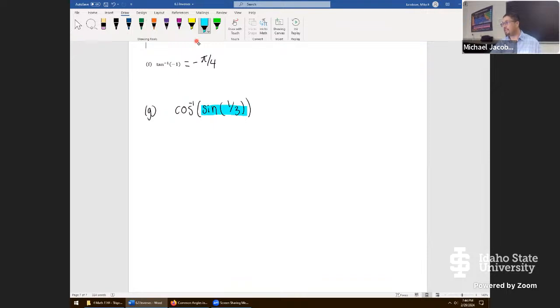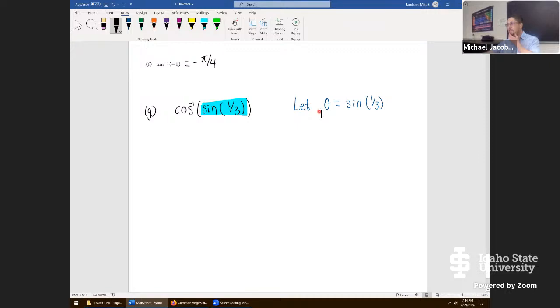Here's where we start. We take the thing that's confusing and we say, let theta be equal to sine 1/3. So that's going to be our start. Then if theta is sine 1/3, this is an equation we can work on.